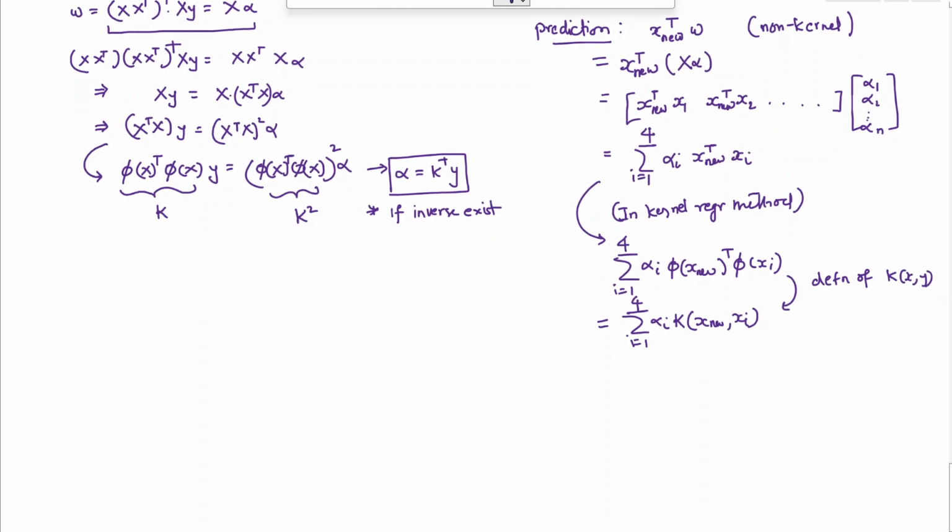Now we are given what k is supposed to be. So how do we find the prediction? We are given alpha and we are also given k.